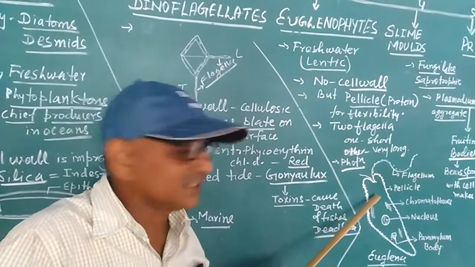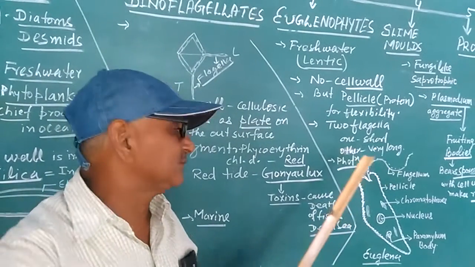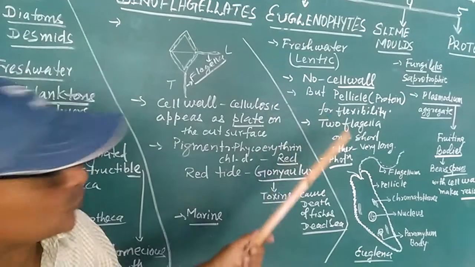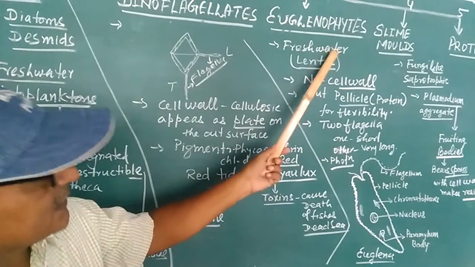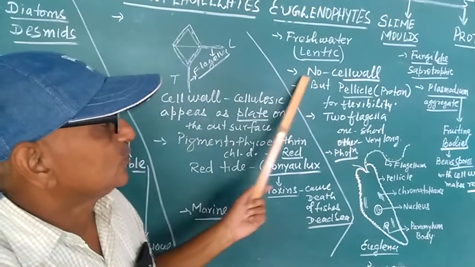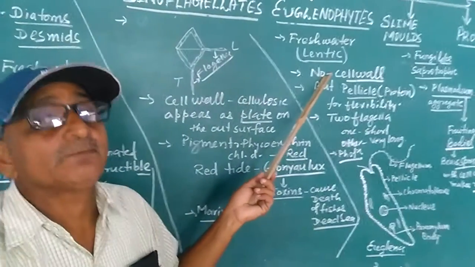But when there is no light, they trap food and engulf it like other heterotrophs. They are mainly freshwater, in stagnant water, not lotic. They have no cell wall, which is the most important feature, hence they were not placed in plants in the two kingdom system of classification.